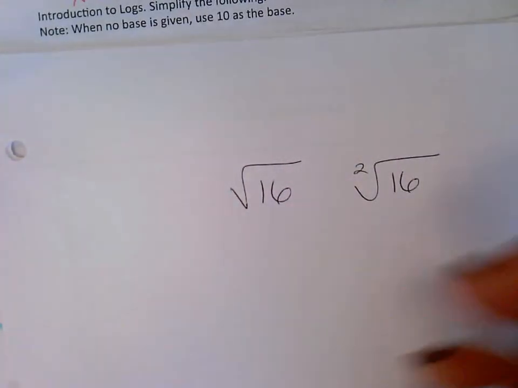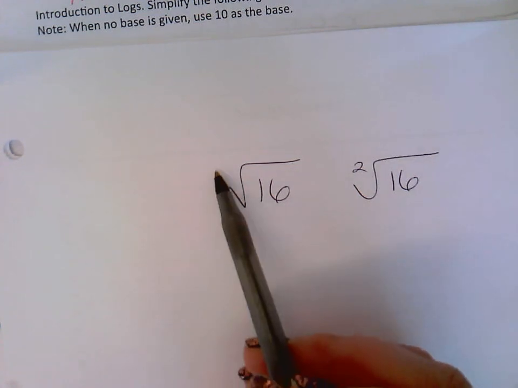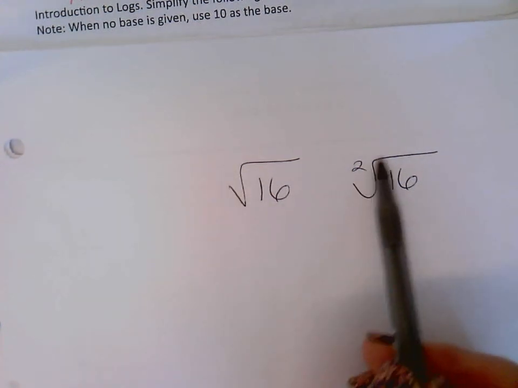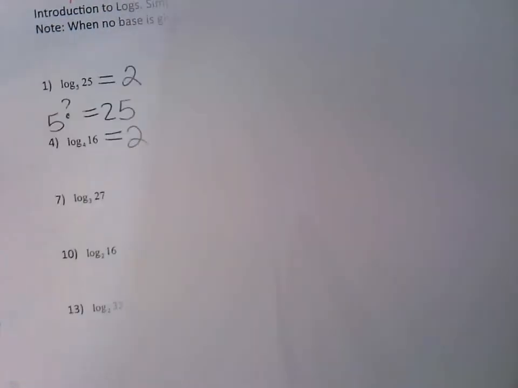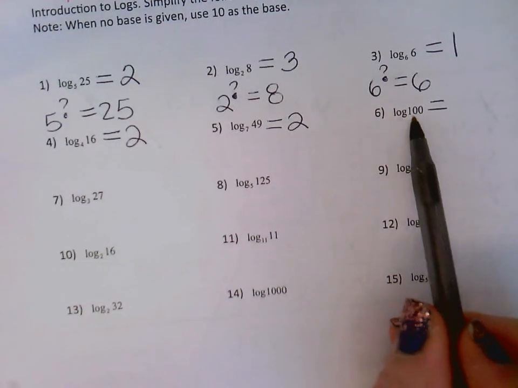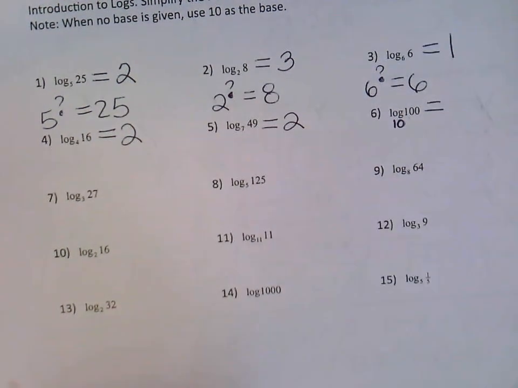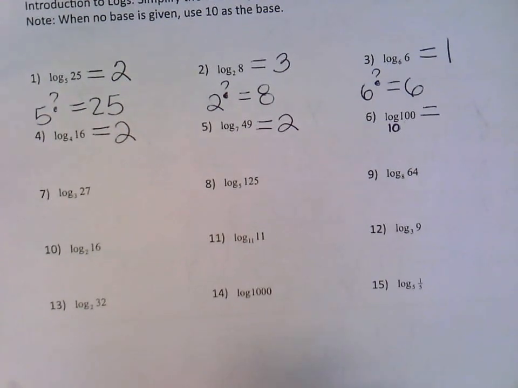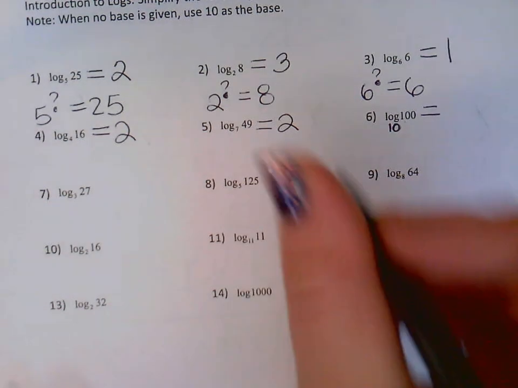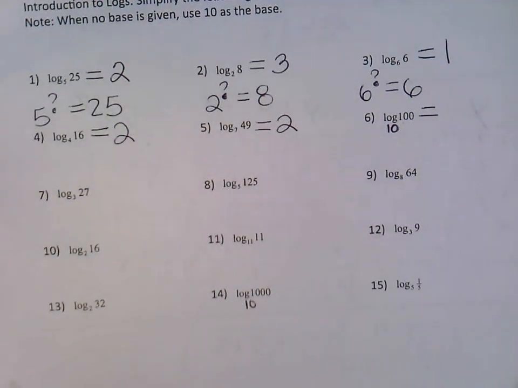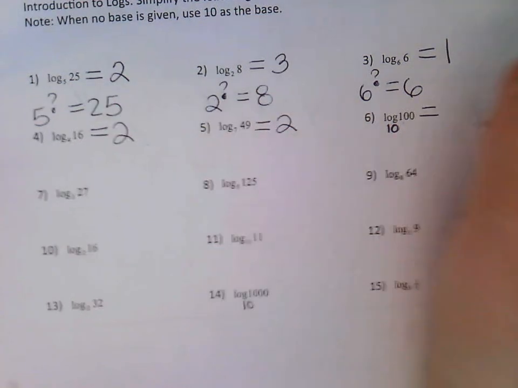In the past, you've seen other functions that don't put a value in and you already know what value goes there. The same is true of logs. The common log always has a base of 10. So if there's nothing written there, you're going to write in the base of 10 yourself on number 6 and number 14. I think those are the only two. So 10 to what power is 100? The answer would be 2.